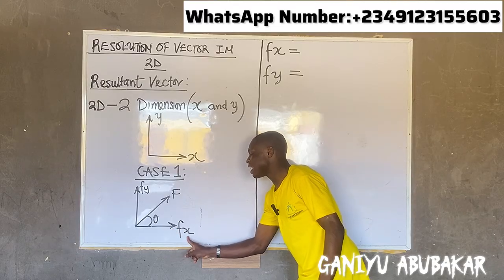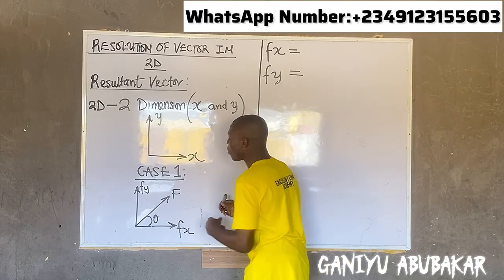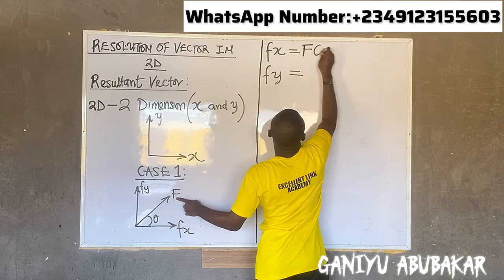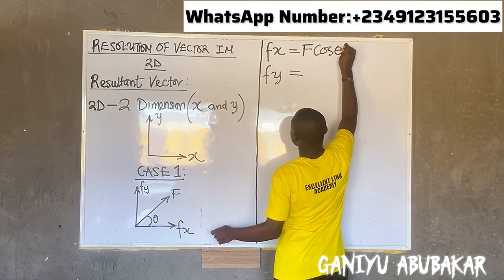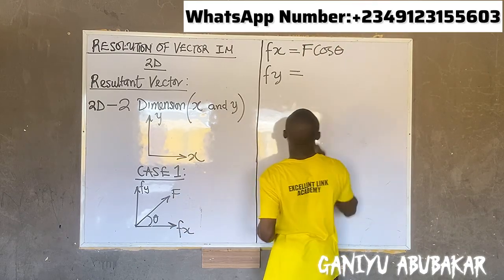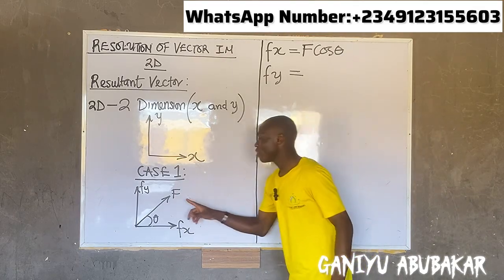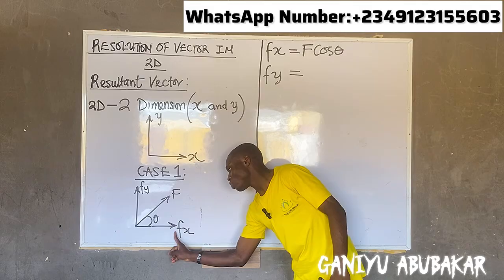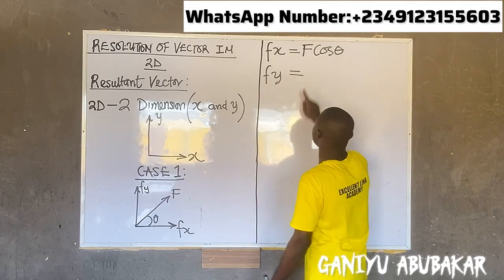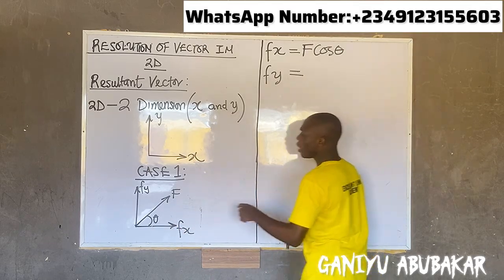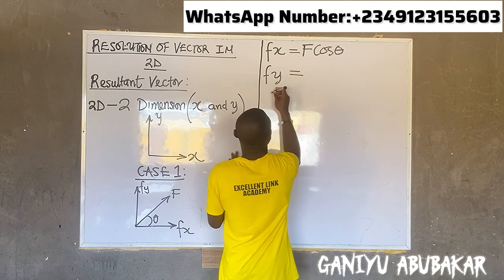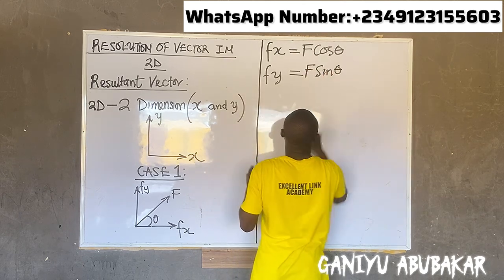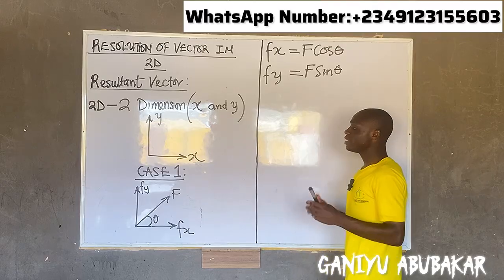So it means F of x becomes the cos, the force first, then cos theta, where theta is the angle. So if I resolve F and this angle to the horizontal, F of x becomes F cos theta. In other words, F of y becomes F sine theta automatically.